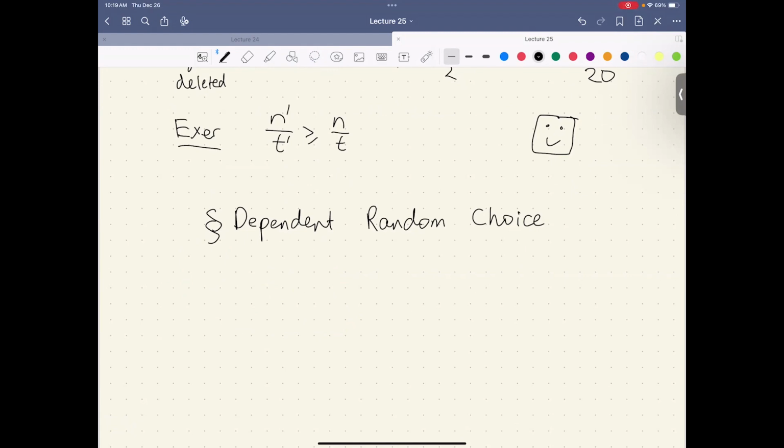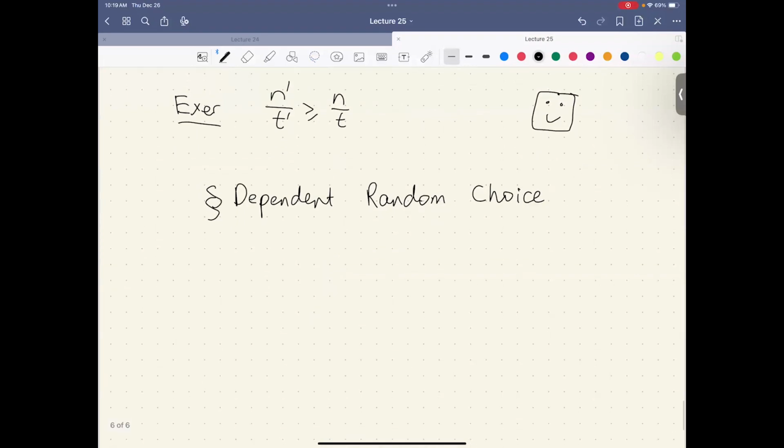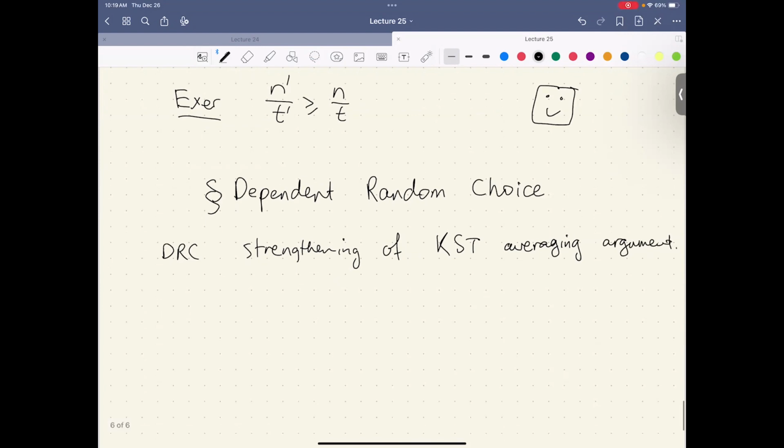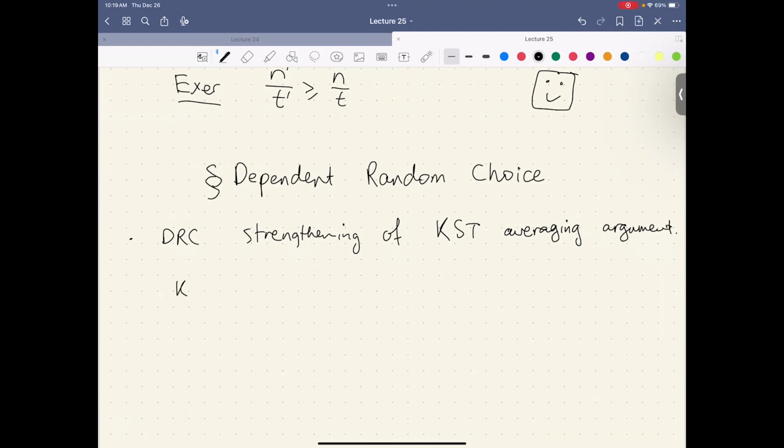Let's first recall Kővári–Sós–Turán. One can think of dependent random choice as a strengthening of the Kővári–Sós–Turán averaging argument. Kővári–Sós–Turán proved that the extremal number of K_{s,t}, if s is at most t, is big O of n to the 2 minus 1 over s.